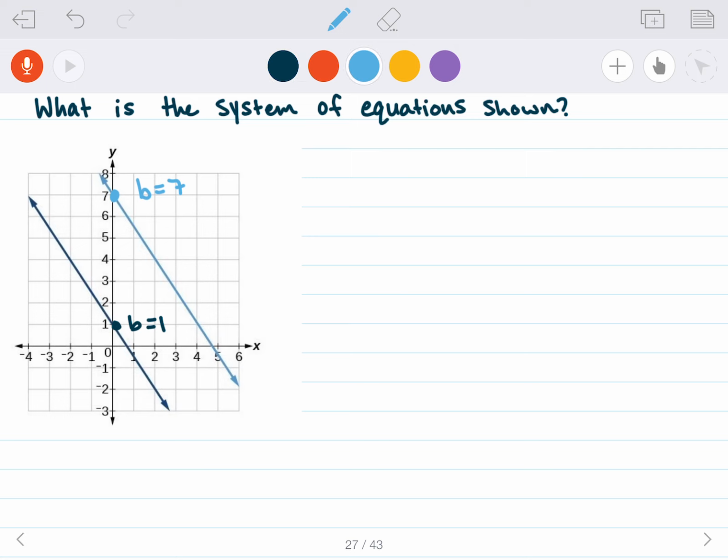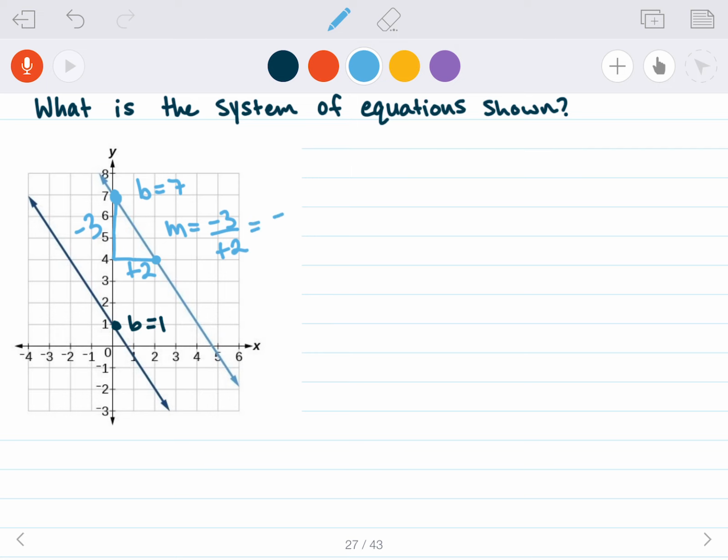The last thing we need for each of these is the slope, rise over run. So if I look at, this is a nice point because it's in the corner of the square. If I look at that point and start at the top point, I go down 1, 2, 3, so I go down minus 3, and then I go to the right 1, 2, so that's going to be positive 2, and therefore my slope rise is negative 3 over run positive 2.